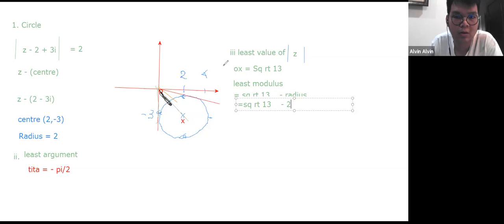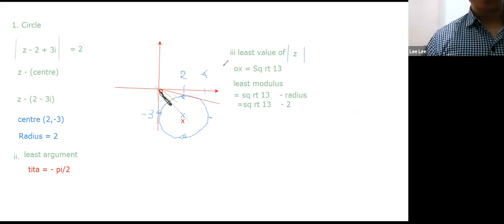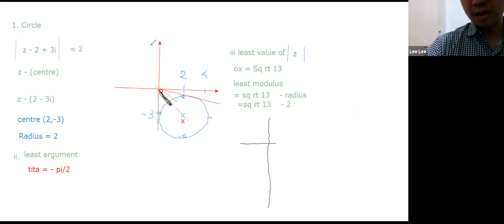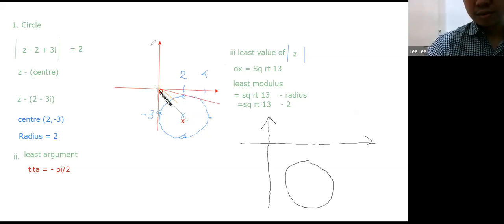Any question? How do you know that that is the shortest point, sir? If you sketch it properly, so this is a circle, right? Then if you go from the origin, this is the center, your shortest answer will be this.